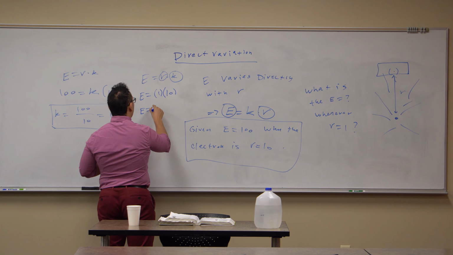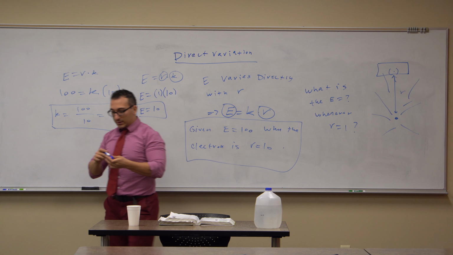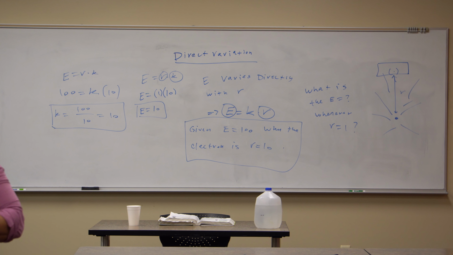So E will equal 10. And that is one example of how to solve direct variation problems. You'll be given some information at first. You'll utilize that to solve for K. Whenever you solve for K, you'll use that information to solve for another variable in the problem.